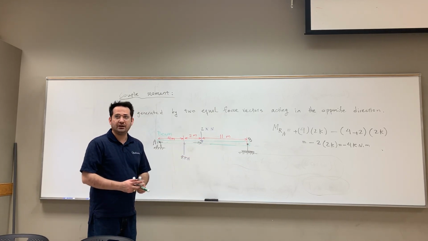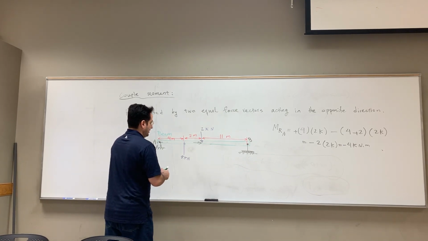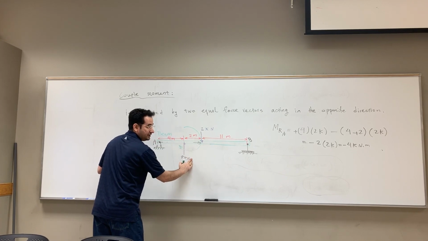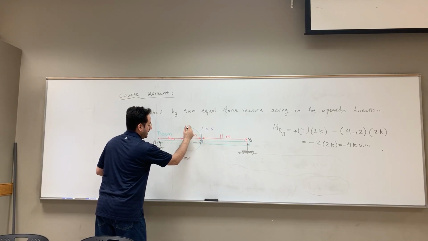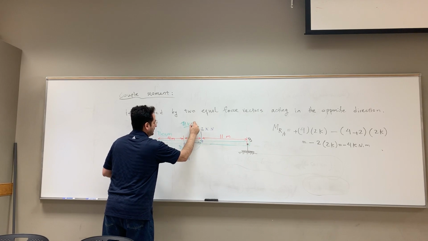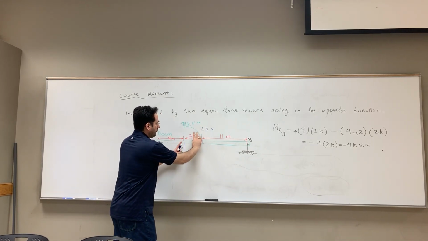So sometimes you see they put something like this. Instead of showing these two forces, right? They just show a notation like that and write the value 4K Newton meter. Right? So they don't show these two forces and the distance.